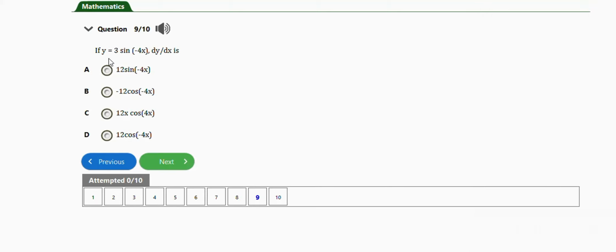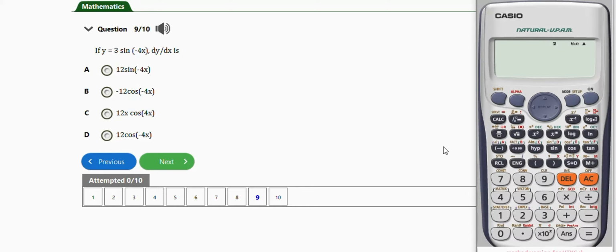It says if y equals 3 sine in bracket minus 4x, find dy by dx at x is 1. So we're looking for the derivative of the function. Let me calculate and solve this. Okay, so we're still working with the 2 is stored. So we're going to have shift this.